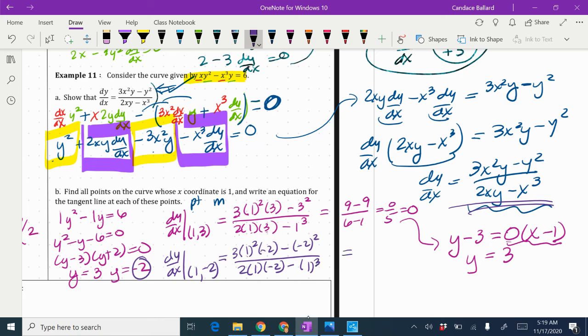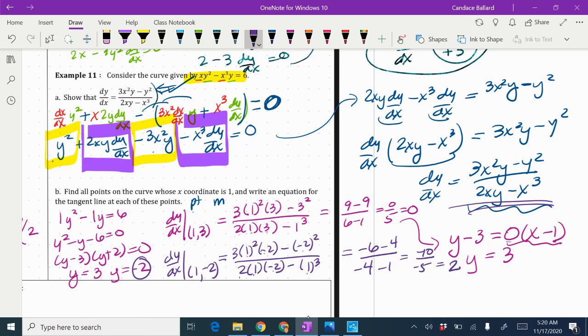So 1 squared is 1, times 3 times negative 2 would be negative 6. Negative 2 squared is 4. And then we've got 2 times 1 times negative 2 would be negative 4. And then 1 cubed would be 1. So it looks like I have negative 10 over negative 5, which equals 2.